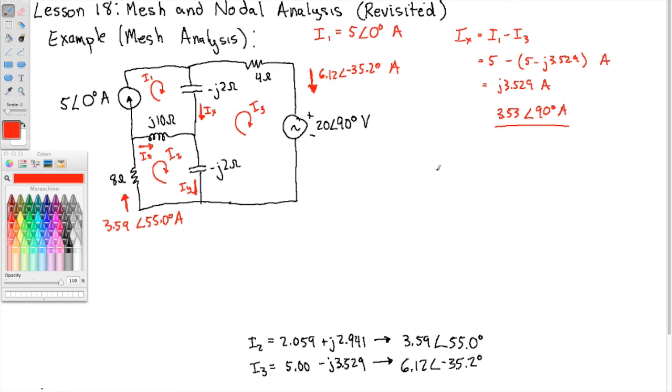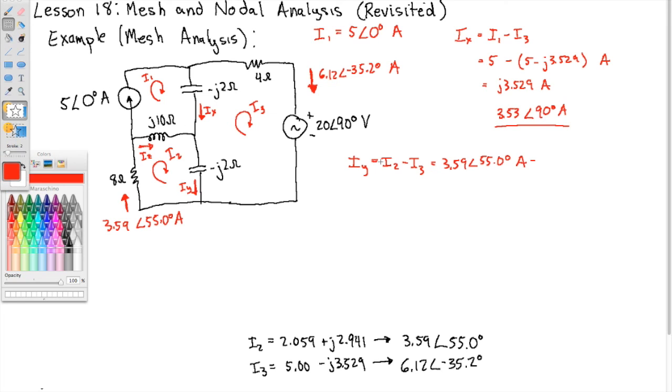Now if we wanted IY, well, I2 is going with us and I3 opposes us. So IY is I2, which is 3.59 angle 55 degrees amps, minus I3.